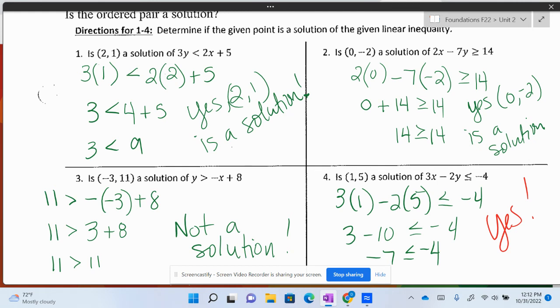Let y equal 11 and x is negative 3. Is 11 greater than 11? So this is y. This is x.